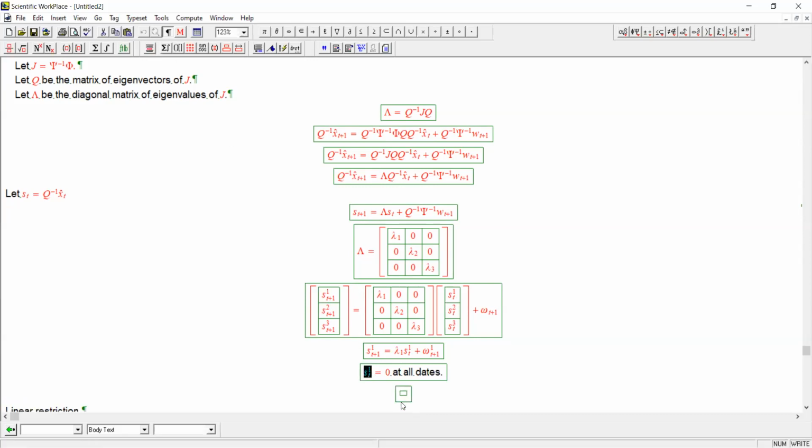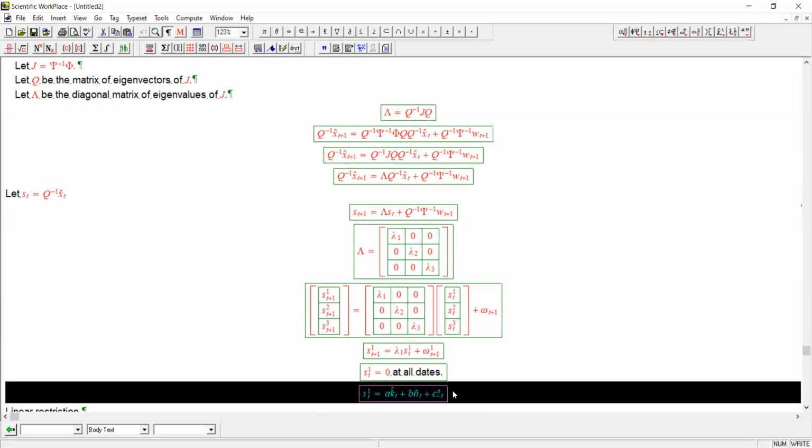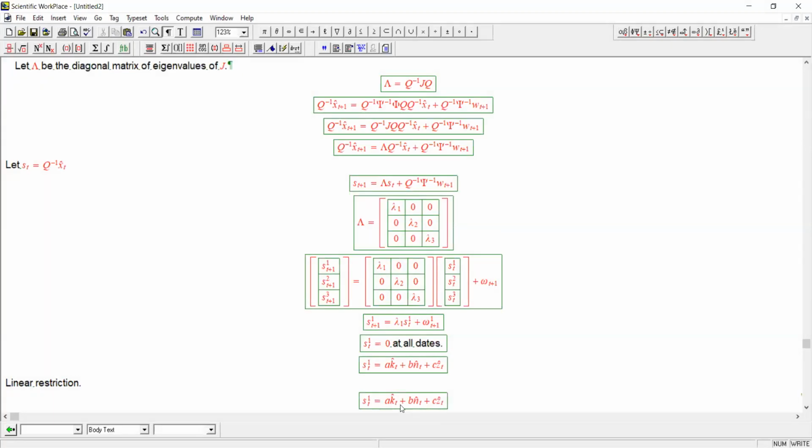So S_t sub 1 is just some linear function of k hat, n hat, and z hat, where we get these coefficients again from the first row of inverse Q. And what we've just seen is that this has to equal 0 at all dates.